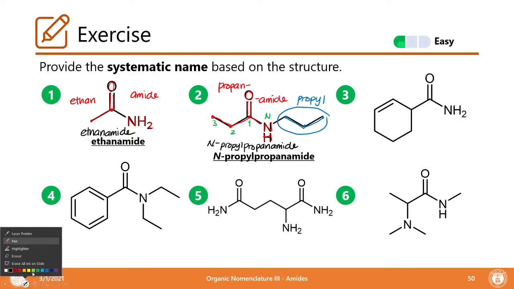Here we have our amide, but as you can see, it's connected to a cyclic parent chain. Okay, so we cannot simply use this as methanamide. What we can do is use the suffix carboxamide.